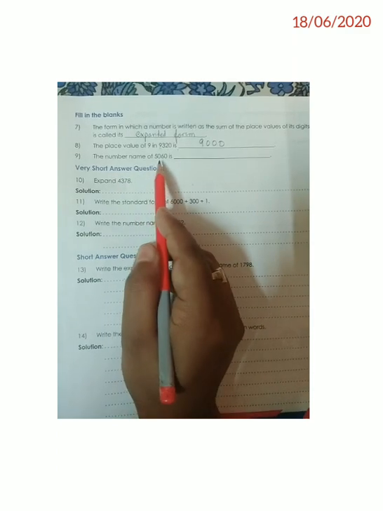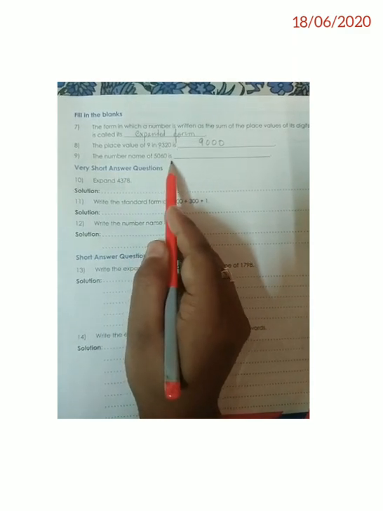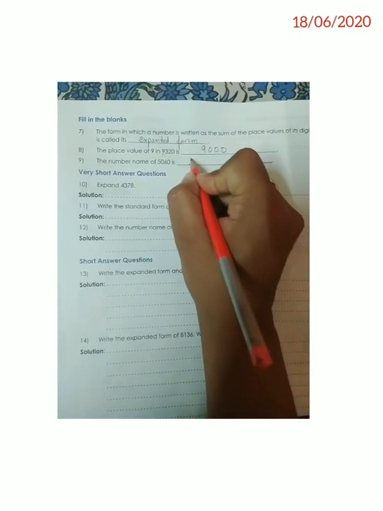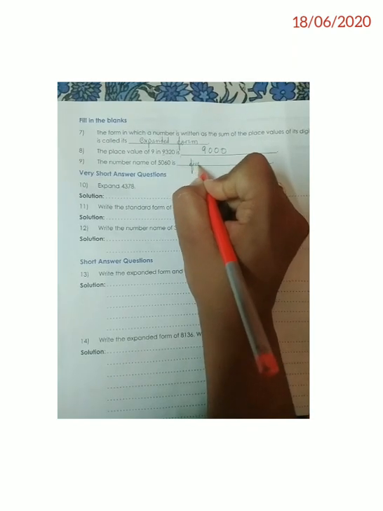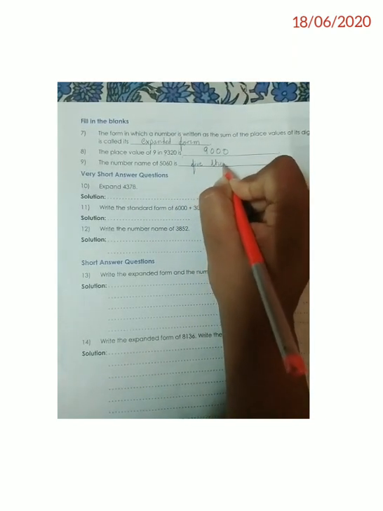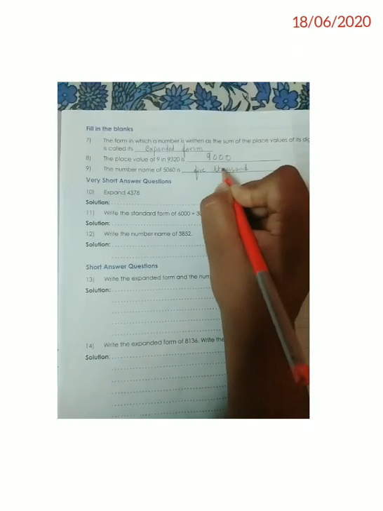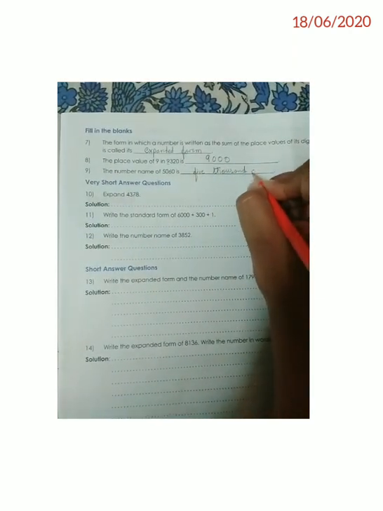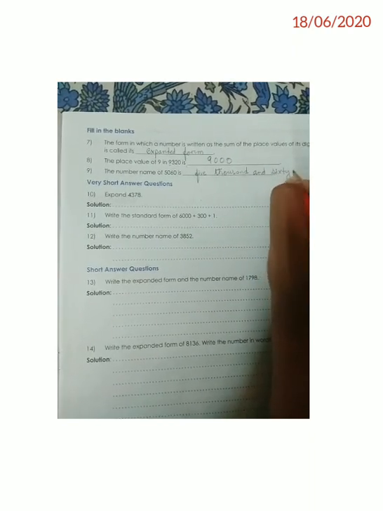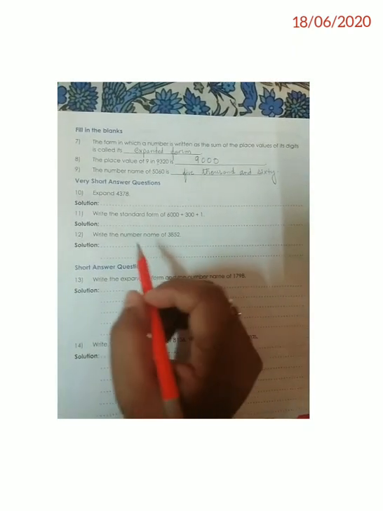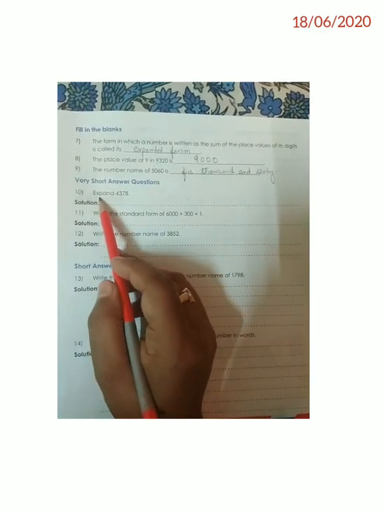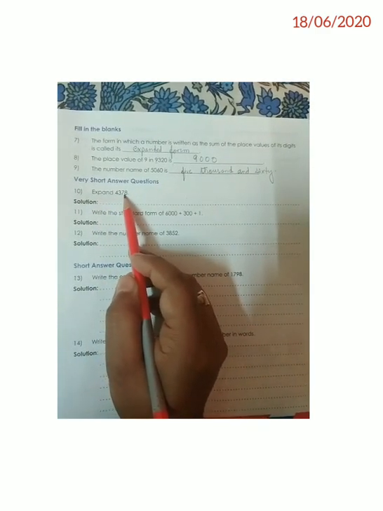Okay, next one, number 9. The number name of 5060 is, so write down 5060. Okay, now let's move on to the next question. Number 10. Expand 4378.